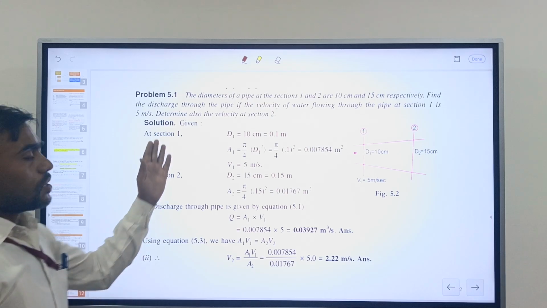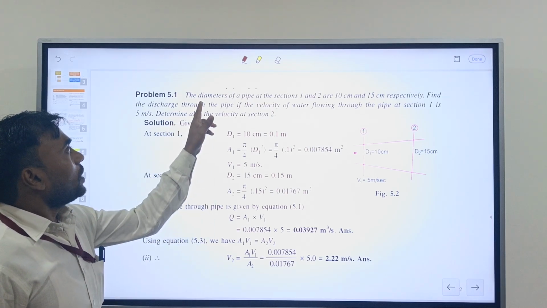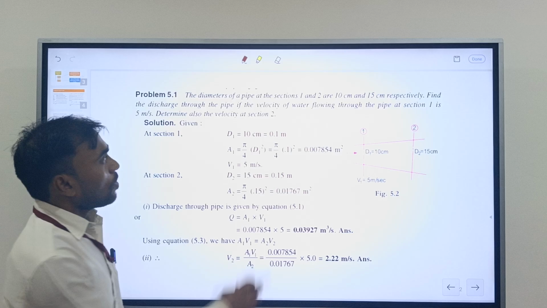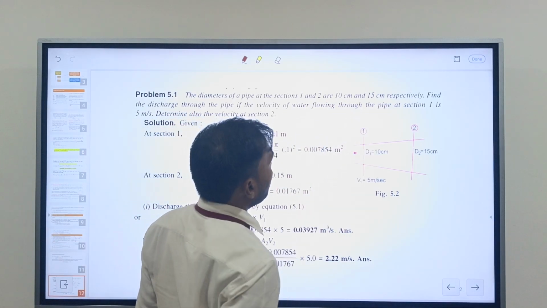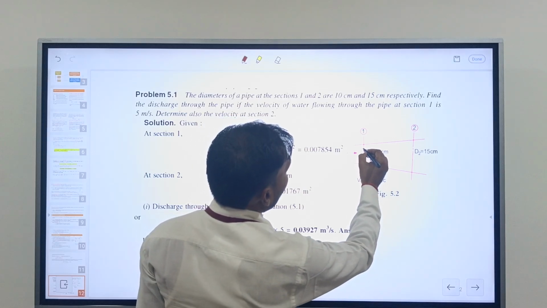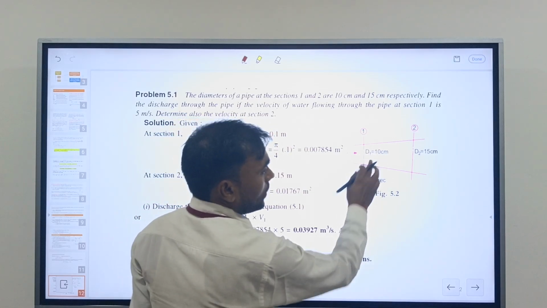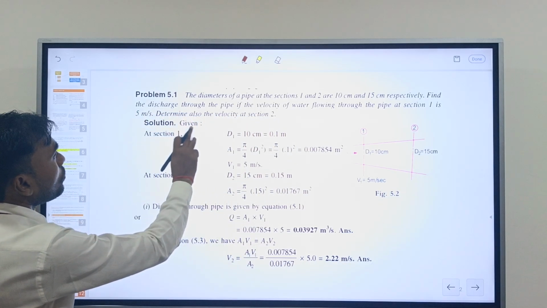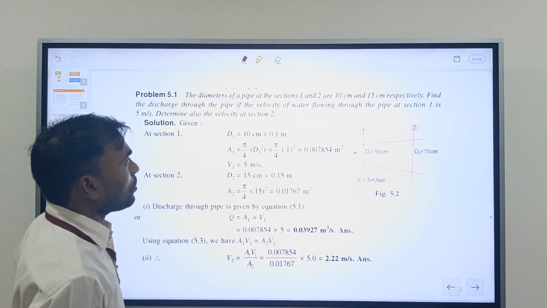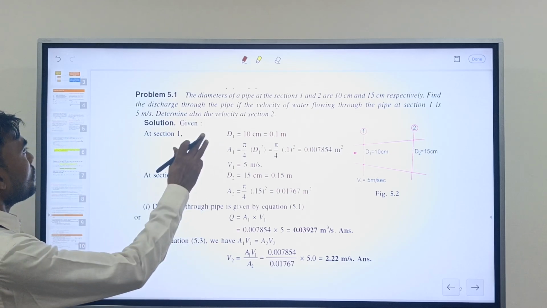Now let us discuss a problem. The diameters of a pipe at sections 1 and 2 are 10 cm and 15 cm respectively. Means here the diameter is given. D1 is 10 cm, D2 is the 15 cm.